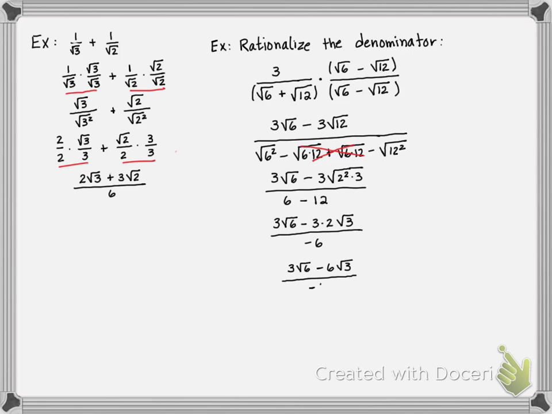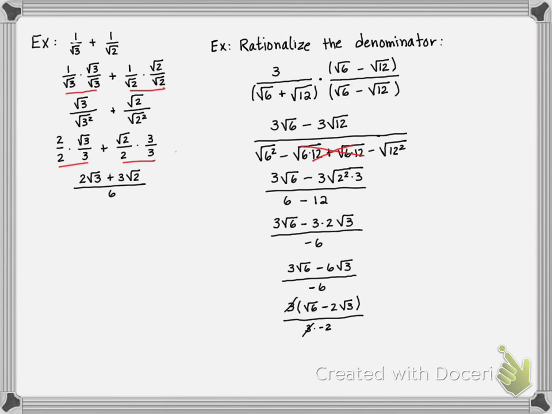Can I factor the numerator? What's my common factor? 3. So we have 3 times root 6 minus 2 root 3. And then in the denominator, I've got 3 times negative 2. So those 3's will cancel.